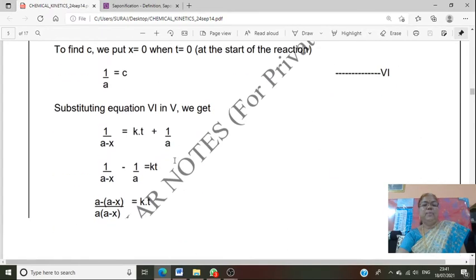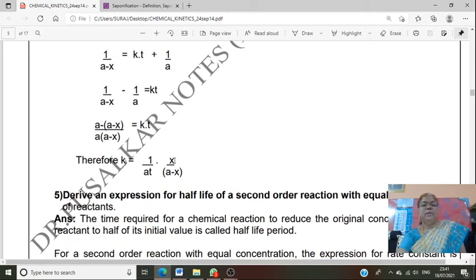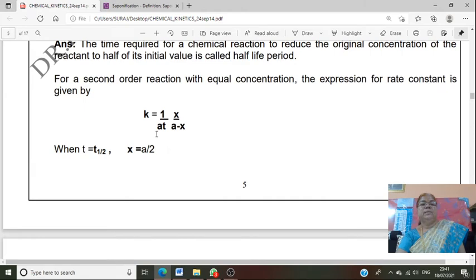Here that formula is this one: k is equal to 1 upon a into t into x upon a minus x. Okay, 1 upon a into t into x upon a minus x. This is the formula.